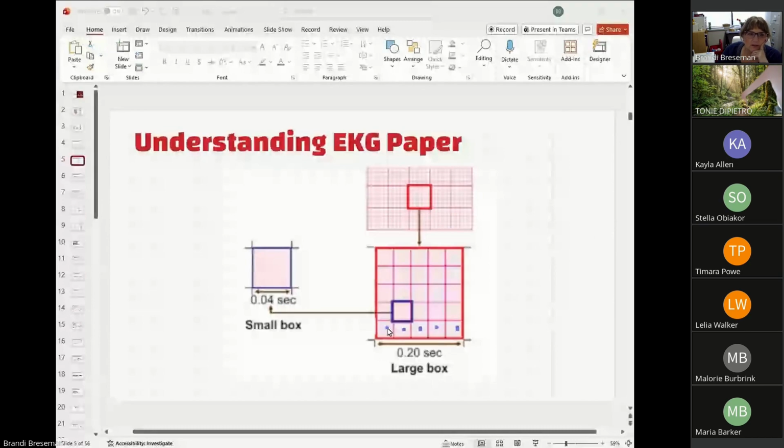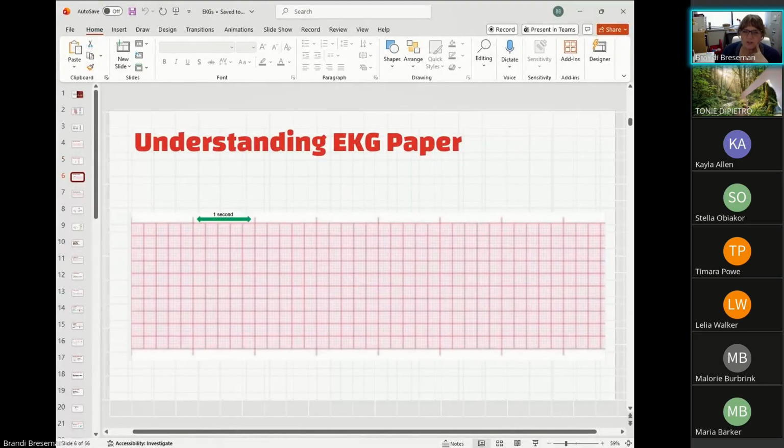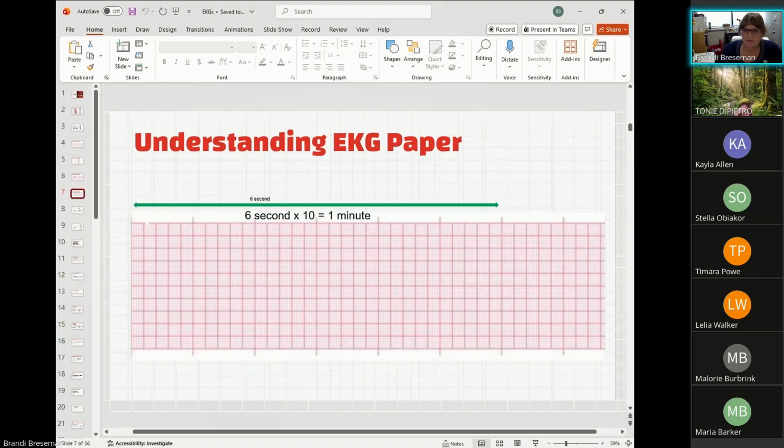So let me turn off my annotation. All right, so this again shows you that there is 1 second between those, what we call tick lines. And if we have 1 second between each tick line, we measure a 6-second strip.